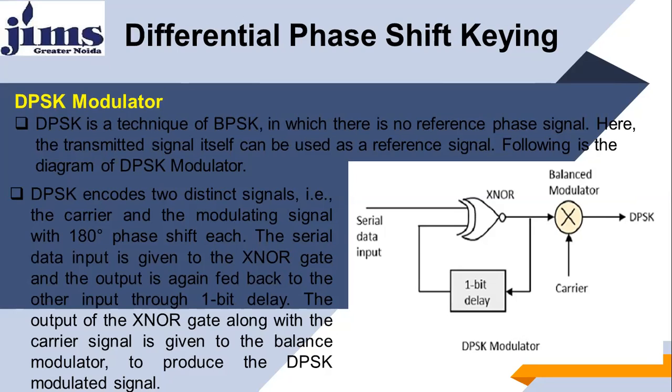The XNOR has two inputs: one is your present data input, and the other is your previous output through a 1 bit delay.